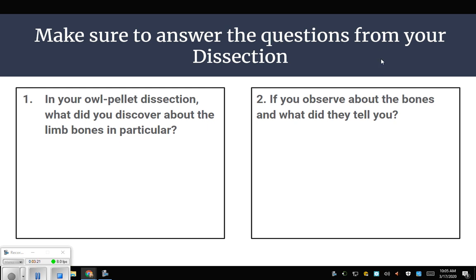So it's important for us to understand that the limbs went from one bone to two bones to many bones. We understand that modern vertebrates have general limb structures similar to the ancient tetrapods. So yes, we are similar, and perhaps there is a connection, and we know for a fact that there is. So make sure you understand that.